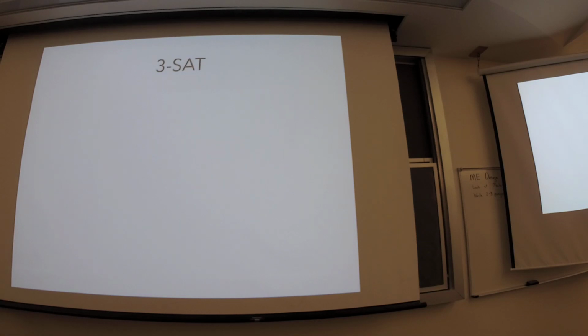So first I'm going to come up with a simpler form of Boolean satisfiability, which I will call 3-SAT. This is a special case of Boolean SAT. And this problem is as follows. Here you have variables x1 to xn. These are Boolean variables.